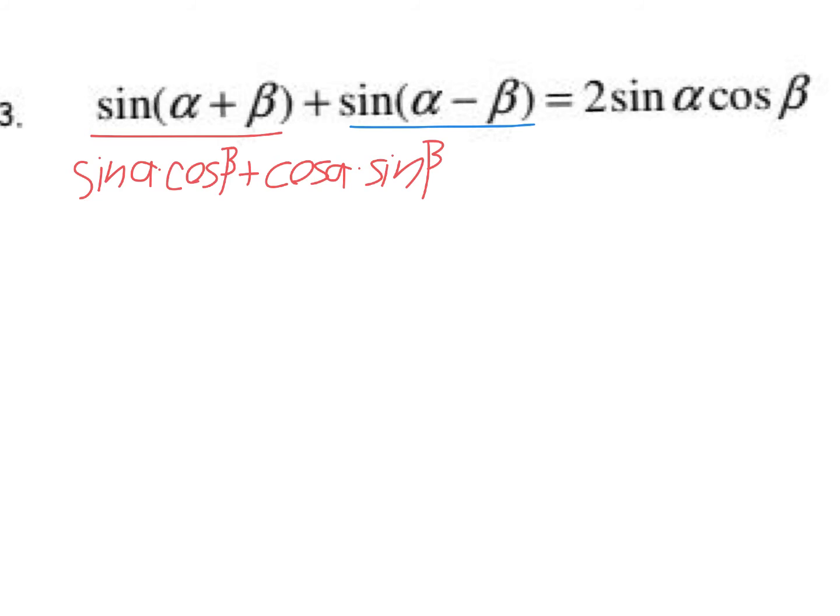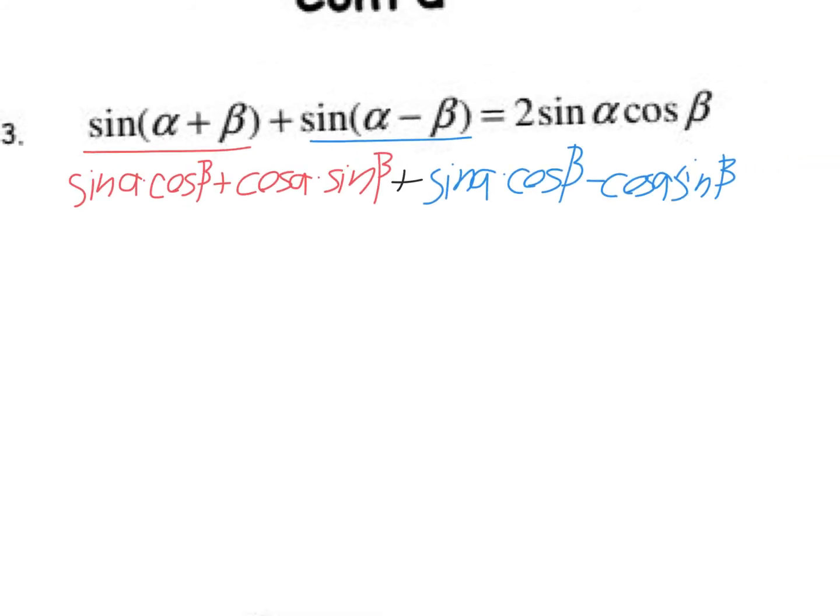We're going to add to that the sine of alpha times the cosine of beta minus the cosine of alpha times the sine of beta. There's a little scrunch there at the end, but we have a positive cosine alpha sine beta and a negative cosine alpha sine beta.